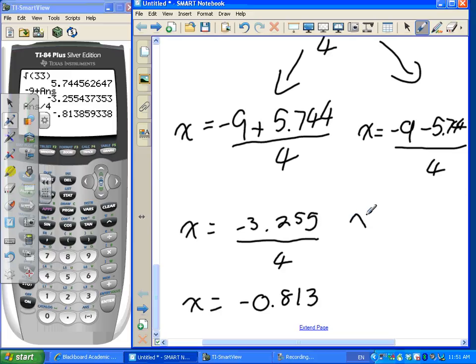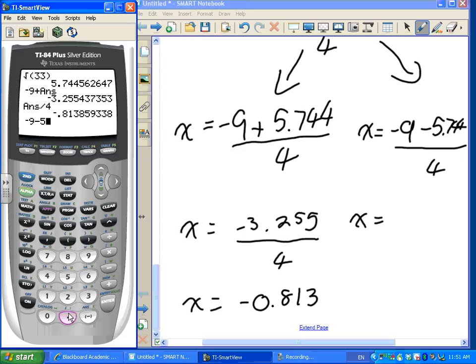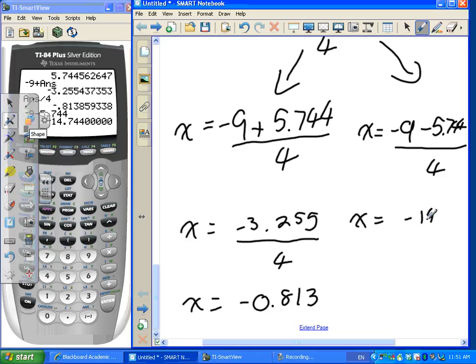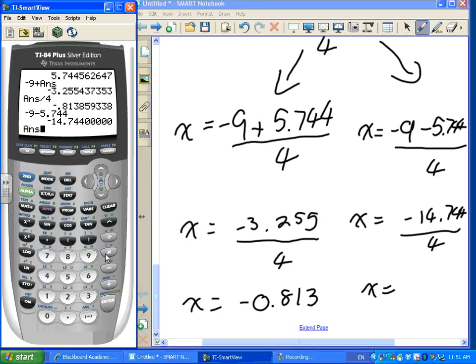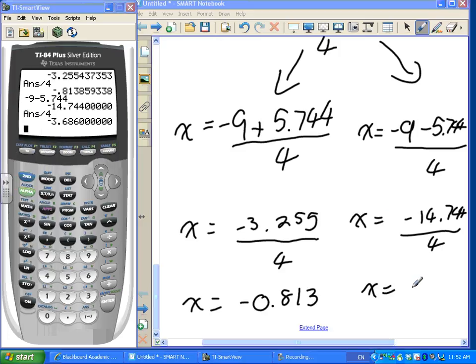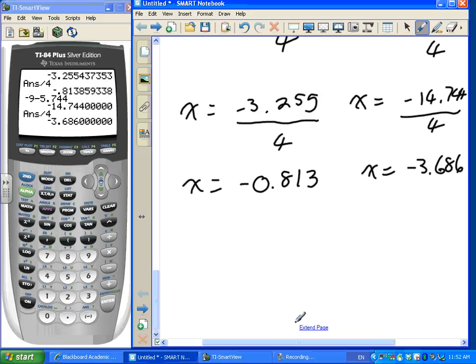My other x-intercept is x equals -9 subtract 5.744. It gives us -14.744 divided by 4. x equals, take that answer, answer divided by 4, -3.686. So I have 2 x-intercepts.